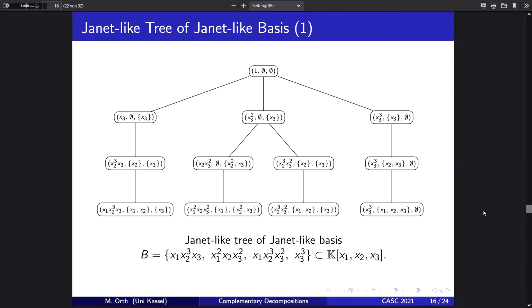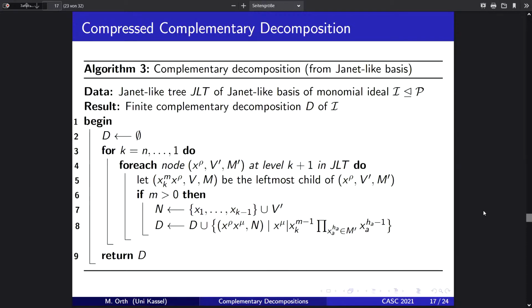But in each node, we have to write the non-multiplicative powers. These non-multiplicative powers then allow us to get the complementary decomposition also from this smaller Janet-like tree.